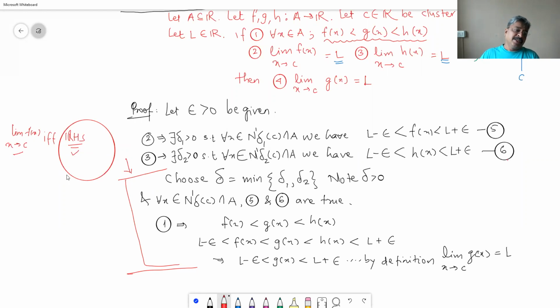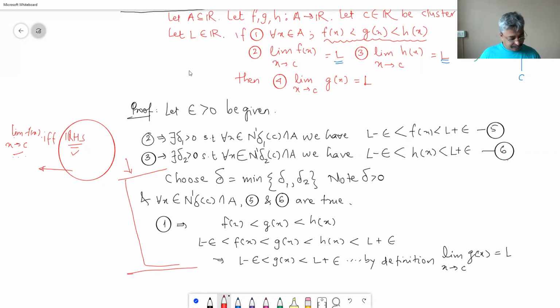Therefore you use the definition of limit in this direction, saying that limit g of x as x tends to c is equal to L. That is very important in these epsilon delta proofs. It is the if and only if-ness of the definition of limit which makes you write these proofs, and they are going to be absolutely correct.